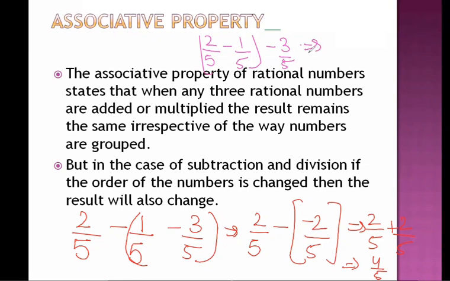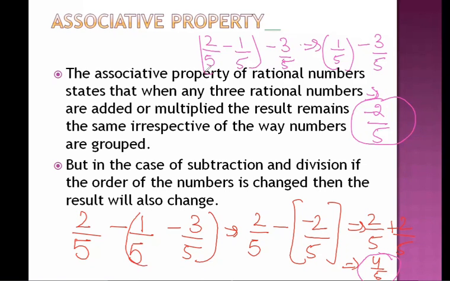I have changed their grouping. So let's solve it. 2 minus 1 is 1, so 1/5, and 1/5 minus 3/5 gives us minus 2/5. By only changing the grouping of numbers, I get a different answer.